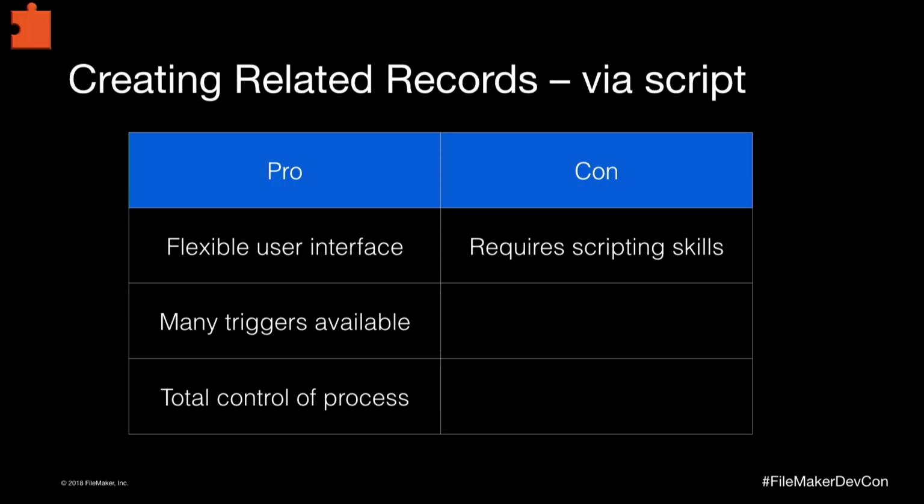They said cancel the whole process, that's it, you're out of there. So you've got total control over that. The only downside to that is that you do need to have a little bit of scripting skill. But that's not hard to do, and there are probably sessions at DevCon here that can teach you at least as much as you need, or bail me up.